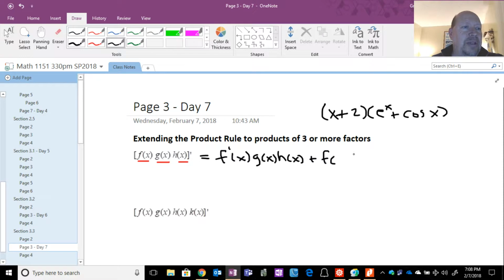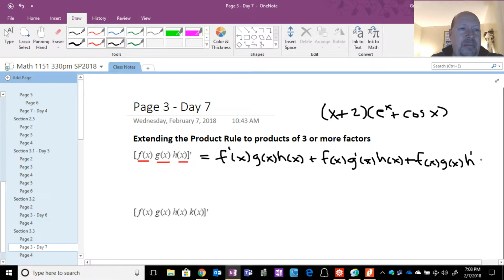The next thing will be f of x times g prime of x multiplied by h of x. And then lastly, we would take f of x times g of x times h prime of x.